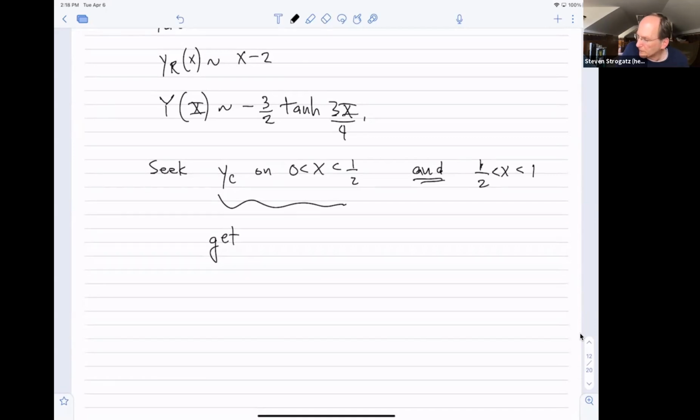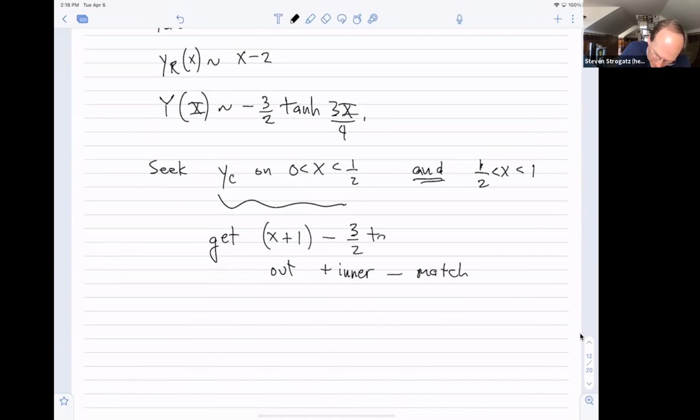here, you'll get something like, if you use the outer plus the inner minus the match, on the left half, you have x plus 1, then plus this tanh thing, so minus 3/2 tanh 3/4 of, in the old variables, x minus 1/2 over epsilon is my big X. And then minus the match.